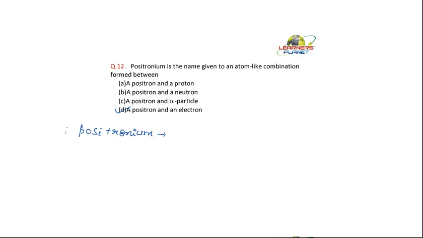Now this positronium is a combination of what? Of an electron and a positron. That is a particle and an antiparticle.